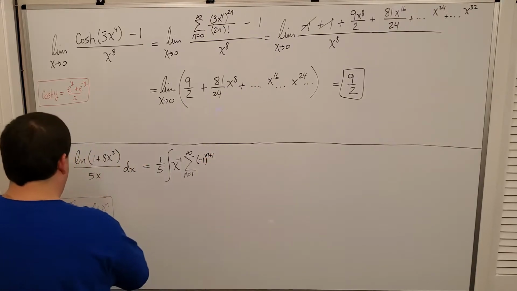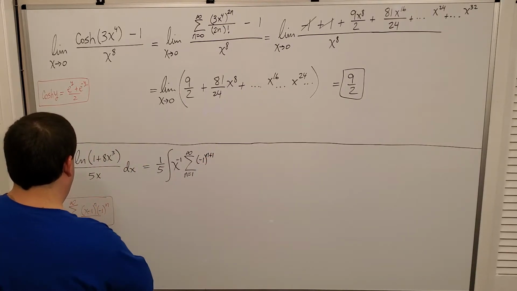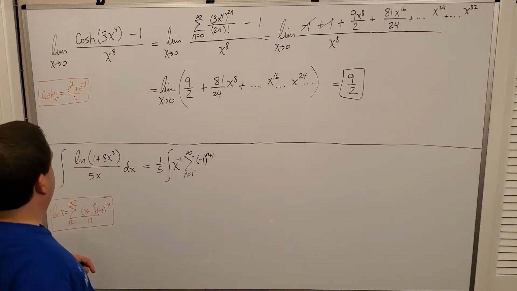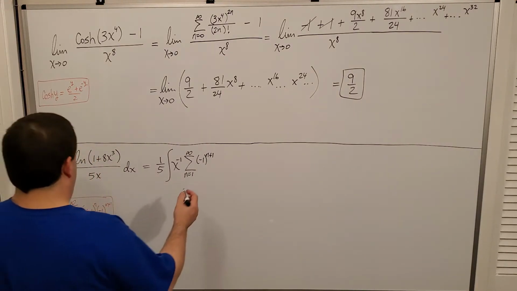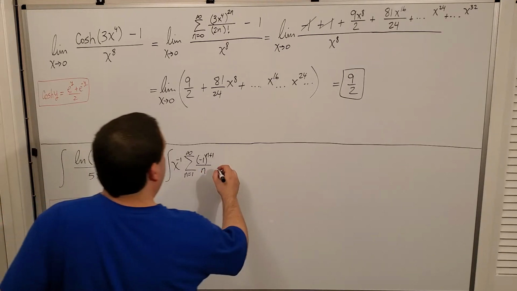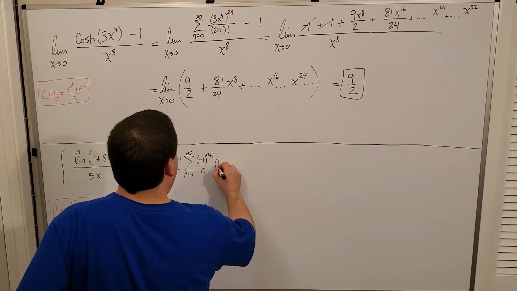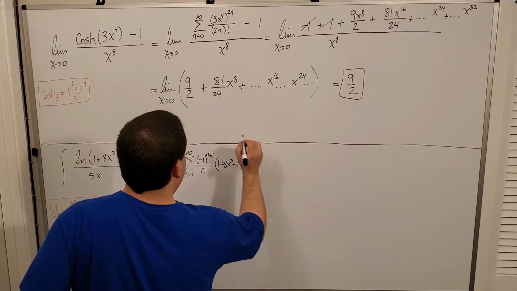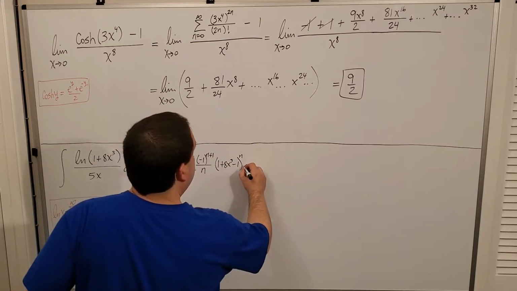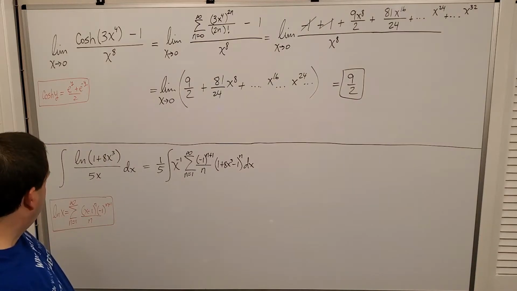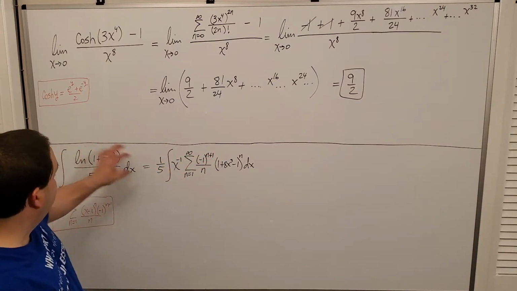Oop, that should be a +1 on that one. +1 over n. And then I have 1 plus 8x to the third minus 1 to the n dx. Okay. So I've plugged everything into being a series.